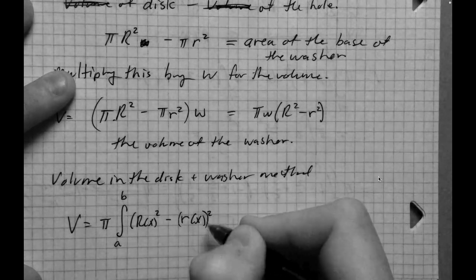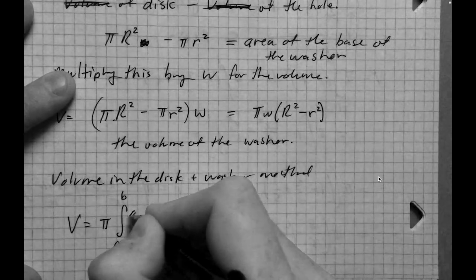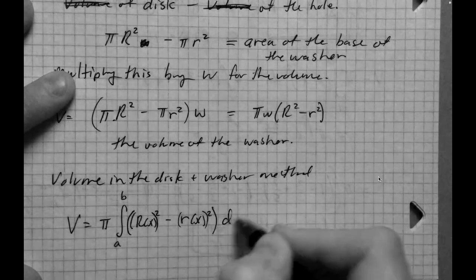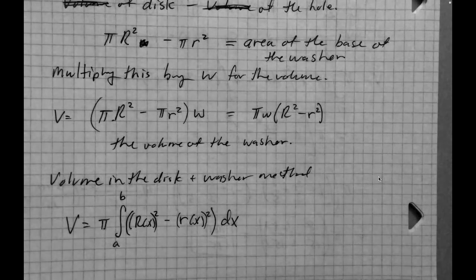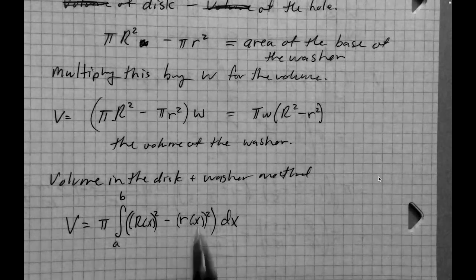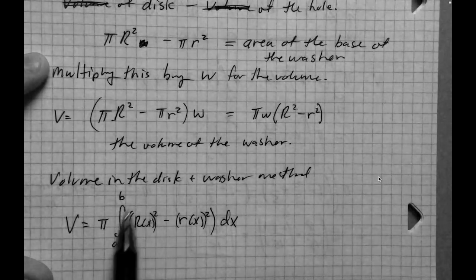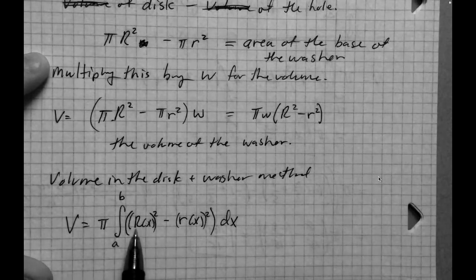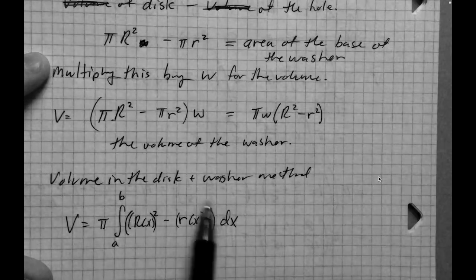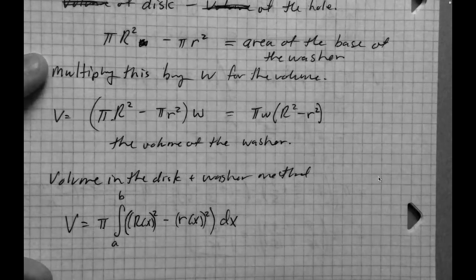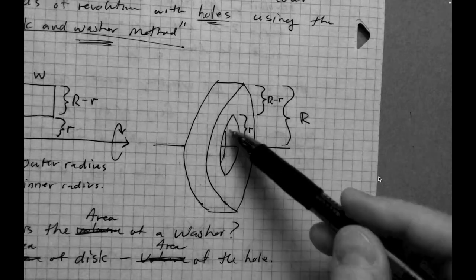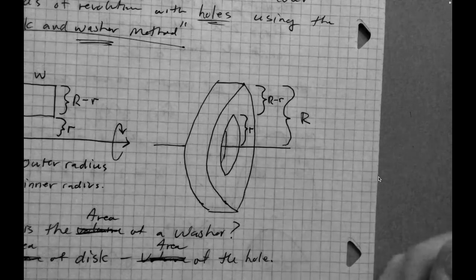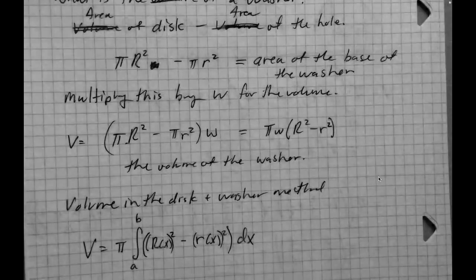I'm going to be careful here, because we're squaring the whole function. This is basically just finding the volume based on the outer radius and subtracting off the volume based on the inner radius. Find the volume of the whole disk, find the volume of the hole, subtract the hole from the disk, and you get the washer. So that's the idea.